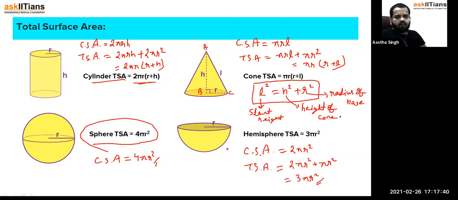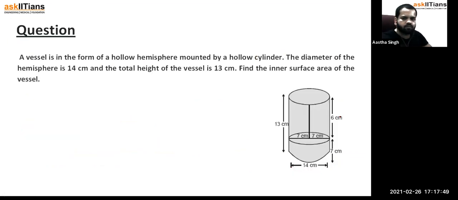So we have all studied the basic surface areas, total surface areas, and your curved surface area. Now it's time to do a question based on it, so that our concept will be more clear to you. Okay. So yeah, question is there. A vessel in the form of a hollow hemisphere mounted by a hollow cylinder.